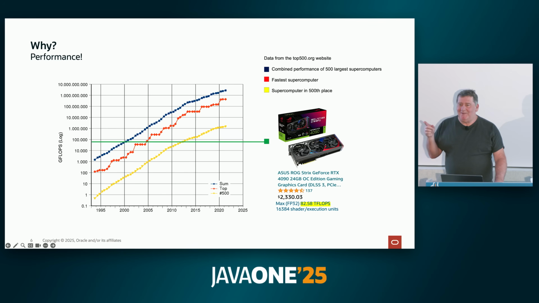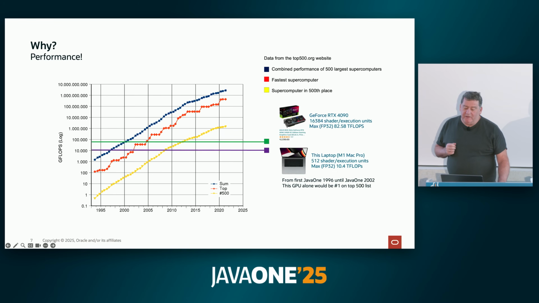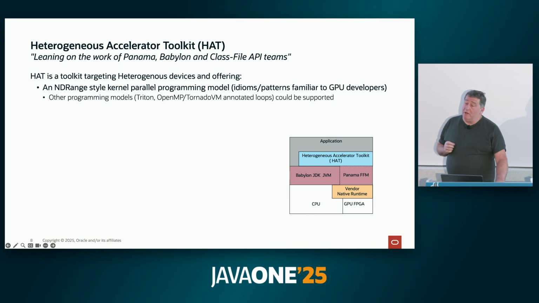GPUs are fast, and they're certainly on any of the platforms we're looking at today. There's a lot of computing power in there. It's just trying to get hold of it. And in fact, this laptop that I'm running on, which is an Apple M1, would also sit on that list quite comfortably. So again, we've got raw power, we should start to use it. It'd be great to be able to do it from Java.